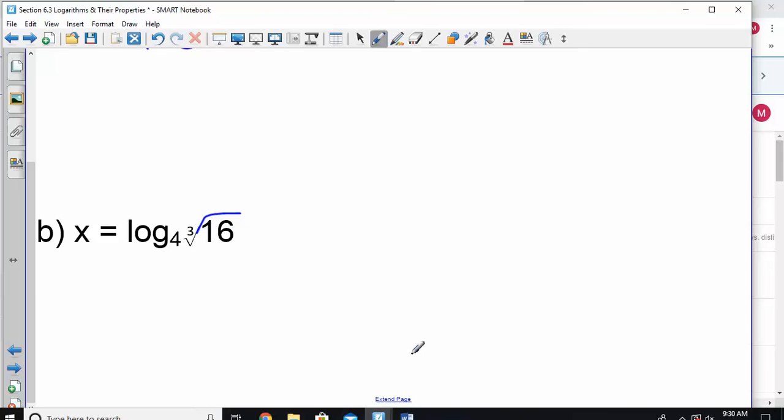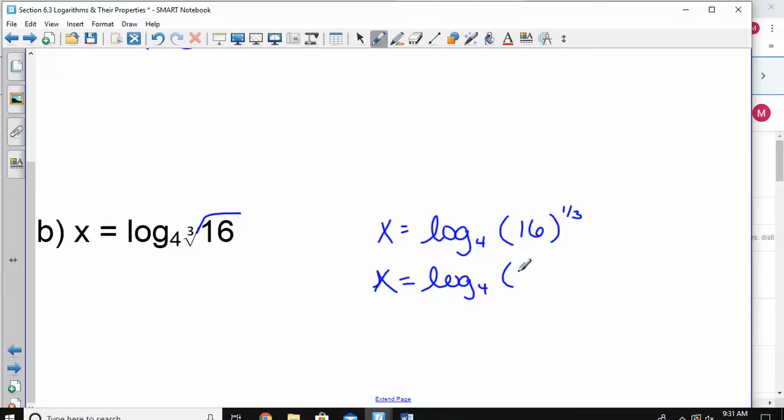Second one, if I said x equals log base 4 of the cube root of 16. Let's rewrite that a bit. A cube root is like what power? I could rewrite 16 as what?